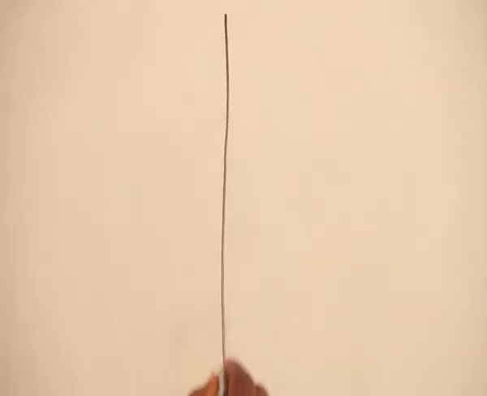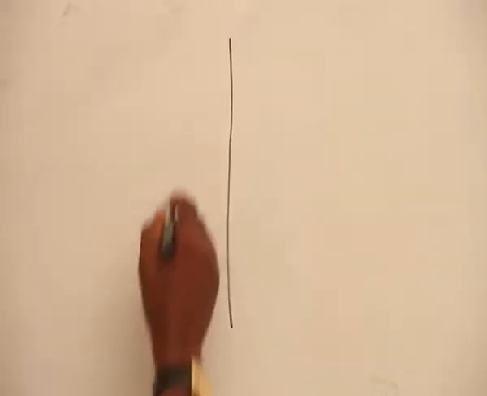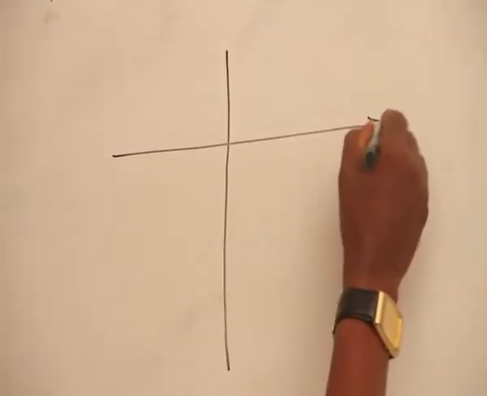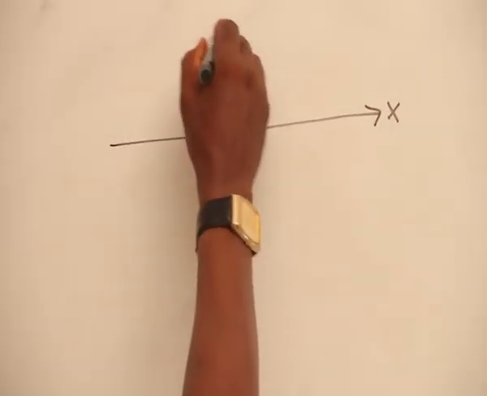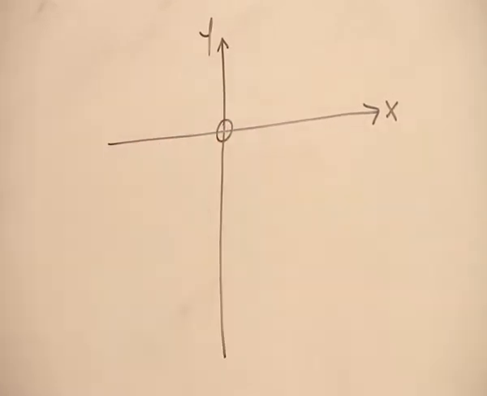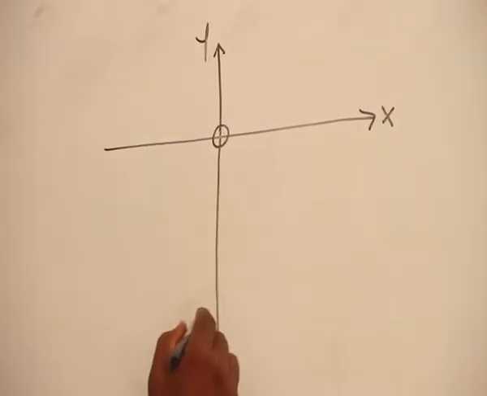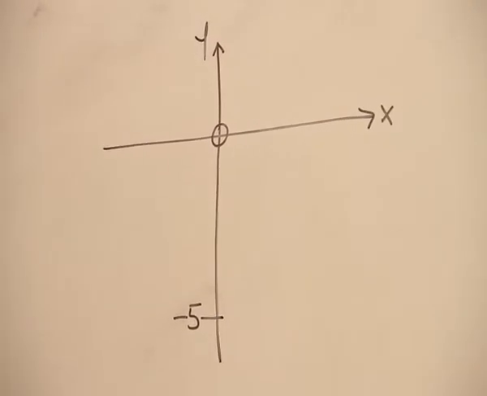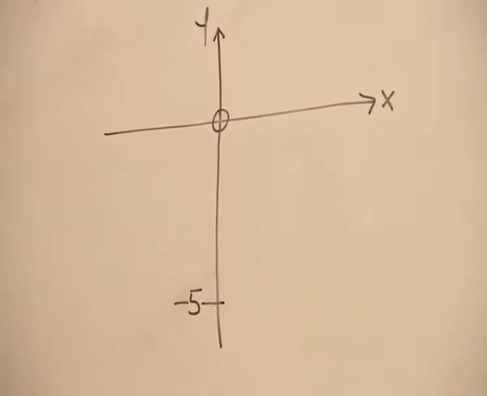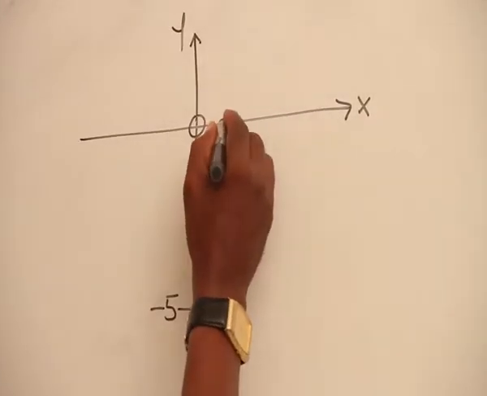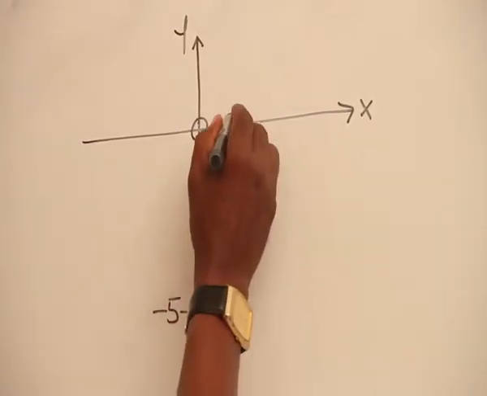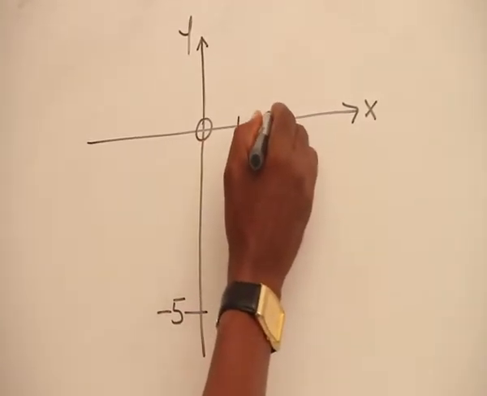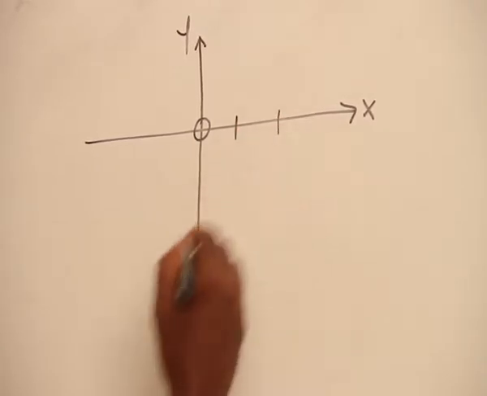Now, with these values, we will draw our graph. This is your x, this is your y, this is your region. Let's assume that this is your minus 5. And then, of course, we have other values here.